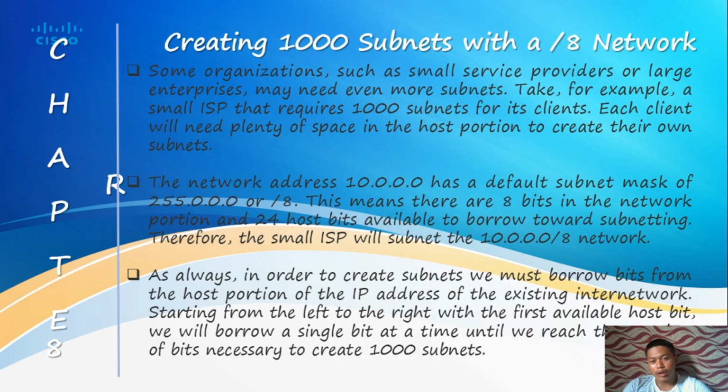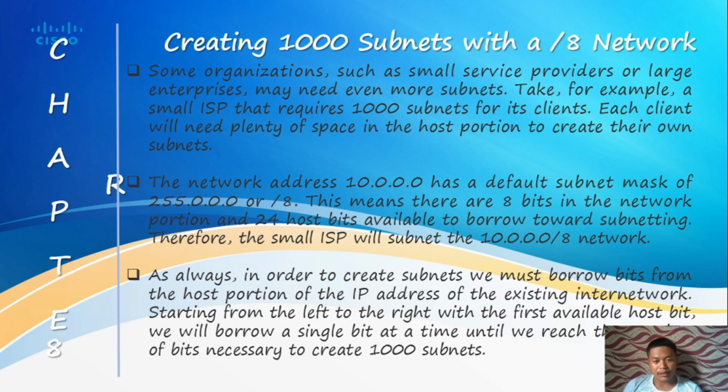Creating 1000 subnets with a /8 network. Some organizations, such as a small service provider or large enterprises, may need even more subnets. For example, a small ISP that requires 1,000 subnets for its clients. Each client will need plenty of space in the host portion to create their own subnets.